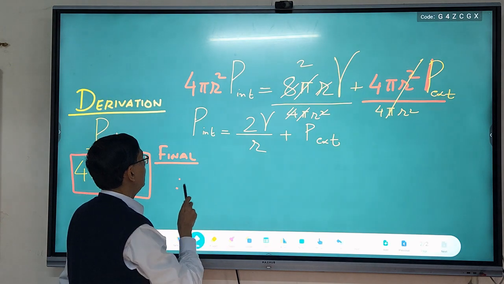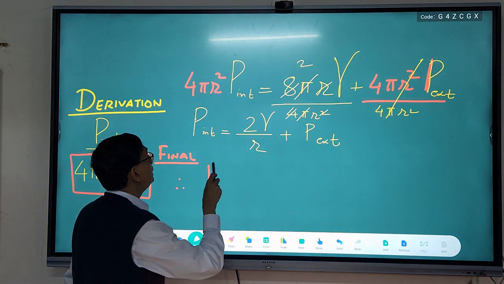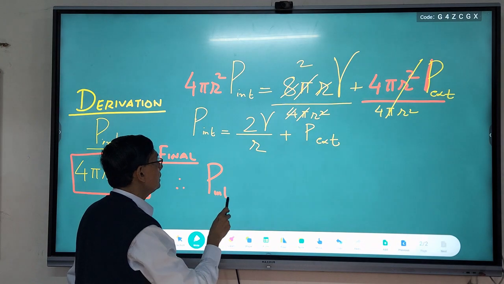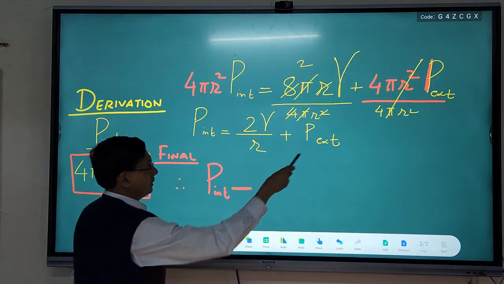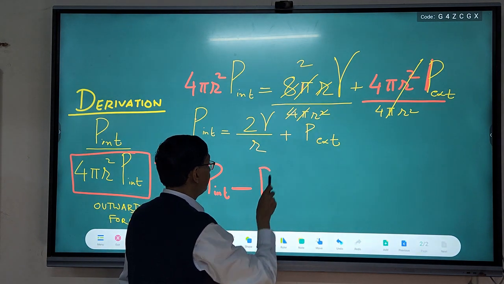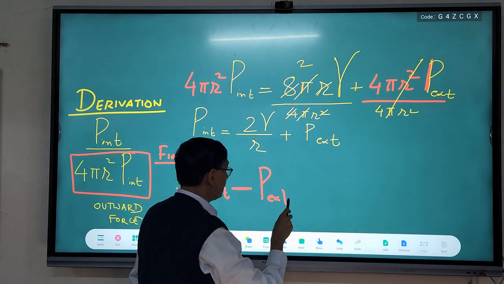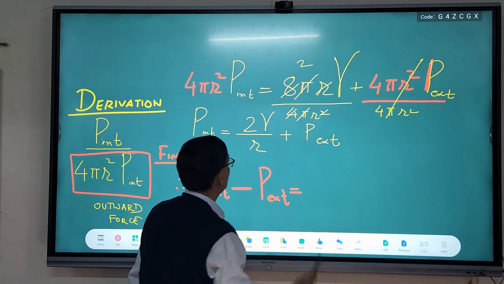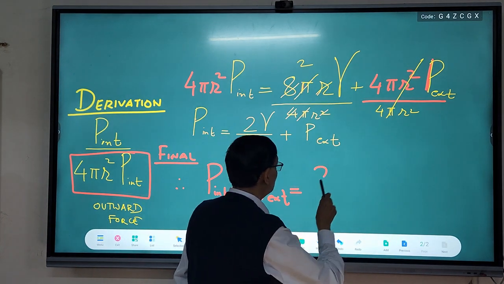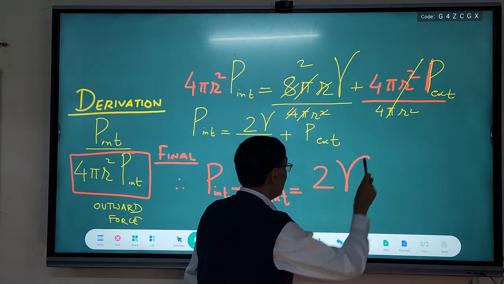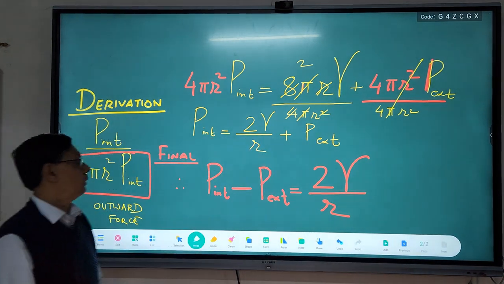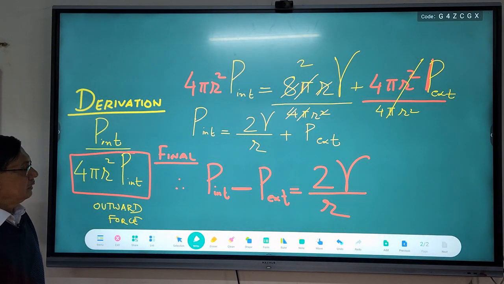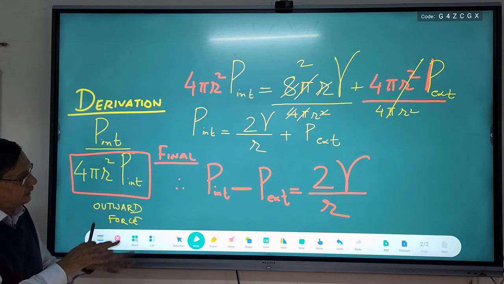So I can write it like that: P internal minus P external is equal to 2 gamma divided by R. This equation is called the Young and Laplace equation, the relationship between the internal pressure and external pressure.